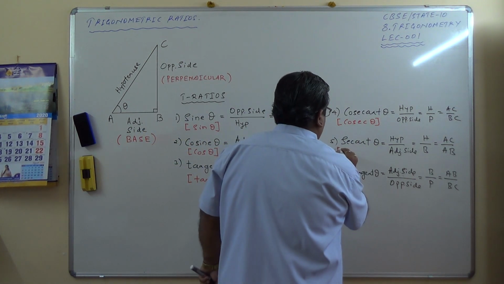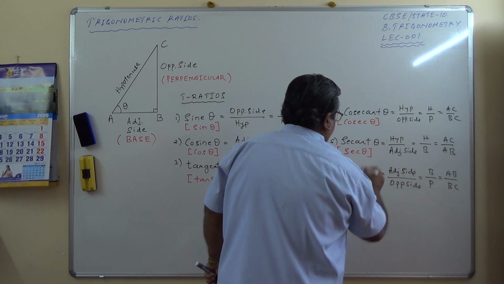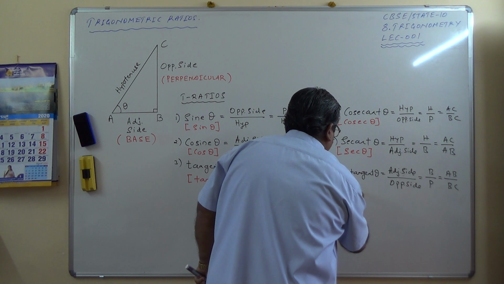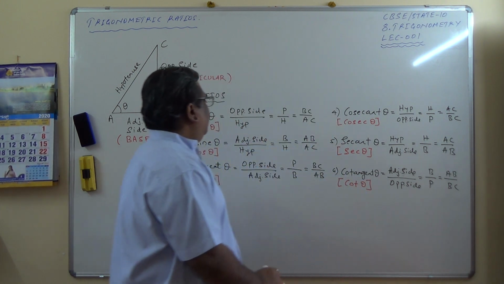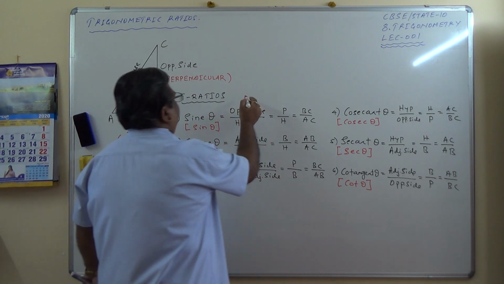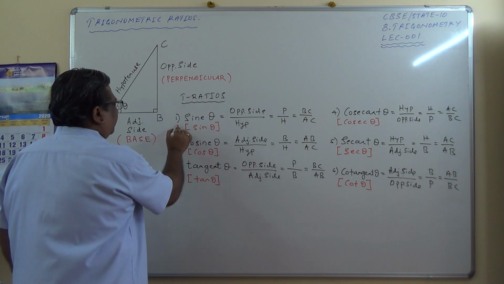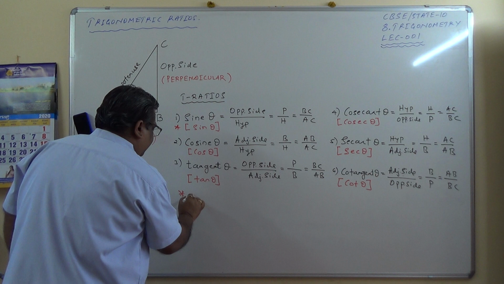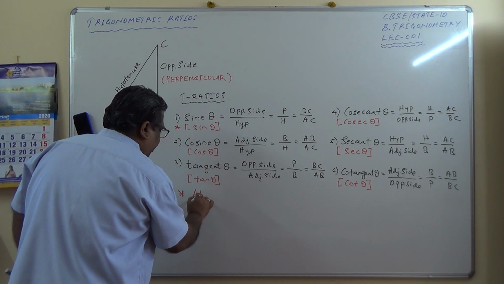Secant theta is referred to as sec theta. And cotangent theta is referred to as cot theta. So the red letters are the abbreviated forms.